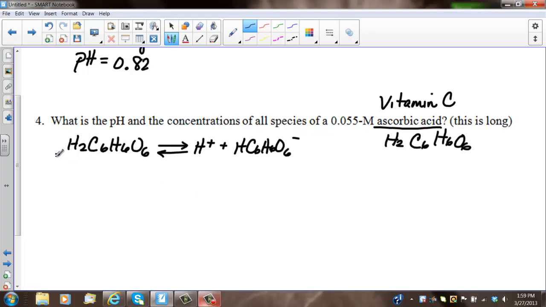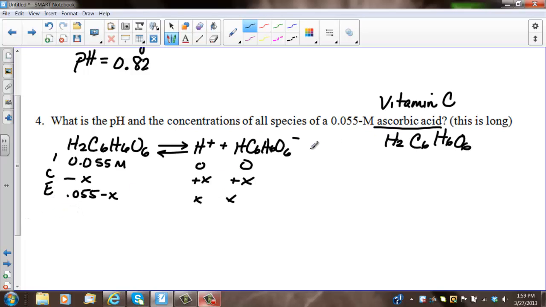And we know initially we have 0.055 molar, 0, then minus x, plus x, plus x. So 0.055 minus x, x, x.